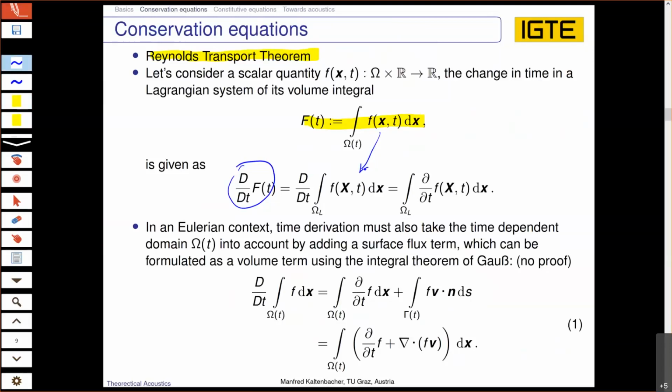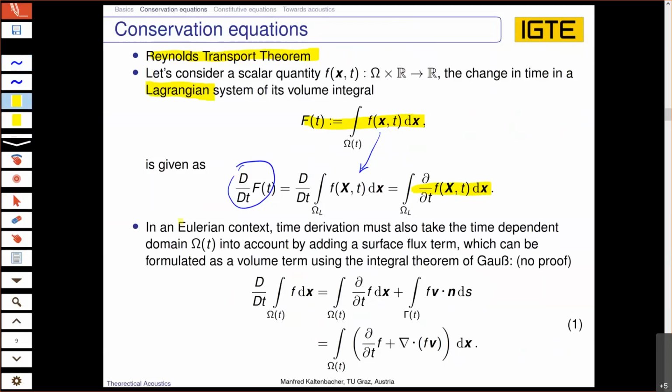And as you can see here, in the Lagrangian system, as we already have discussed, this is simple. You take a partial derivative of this quantity, having any unit per cubic meter, with respect to time, because the substantial derivative is just a partial derivative in the Lagrangian system.